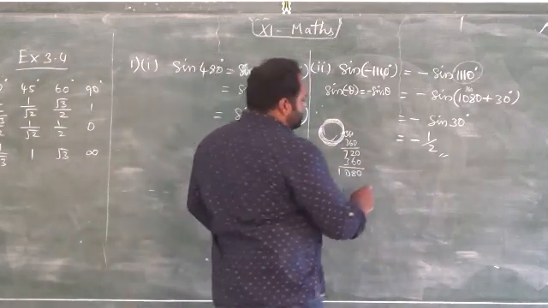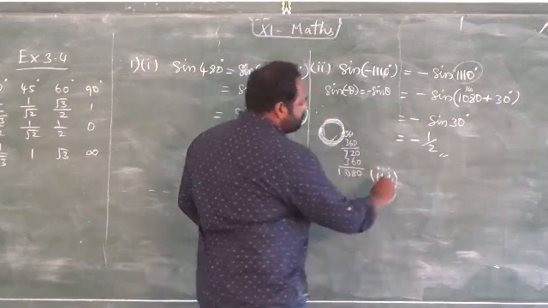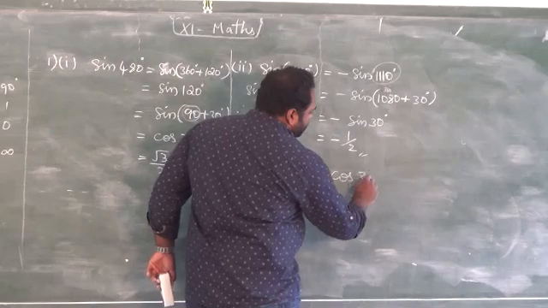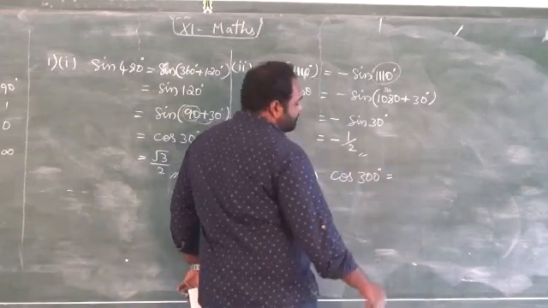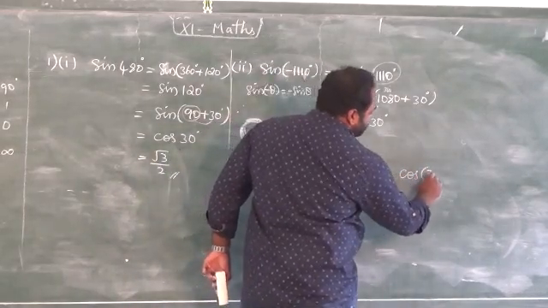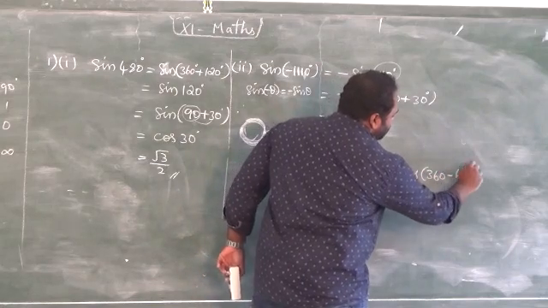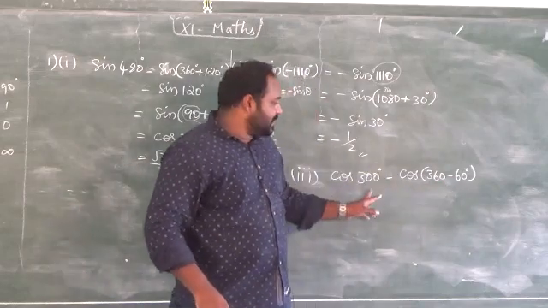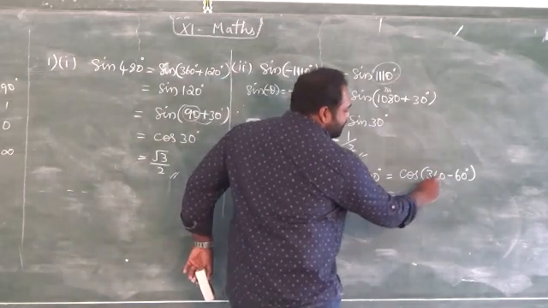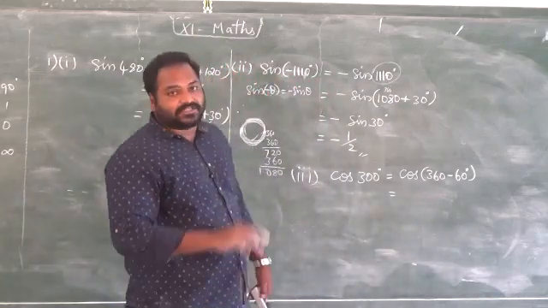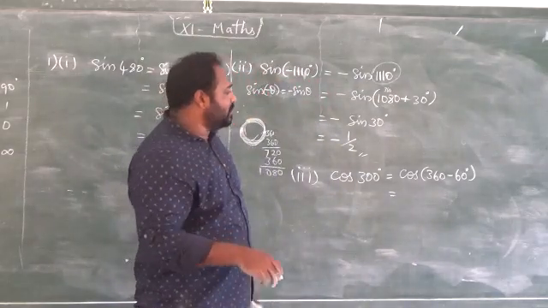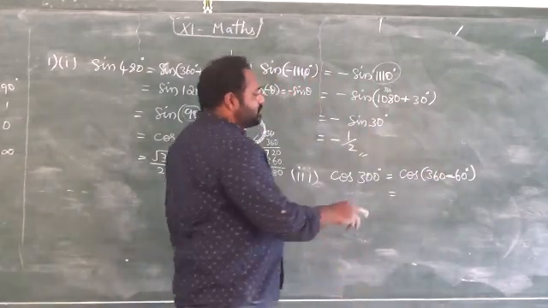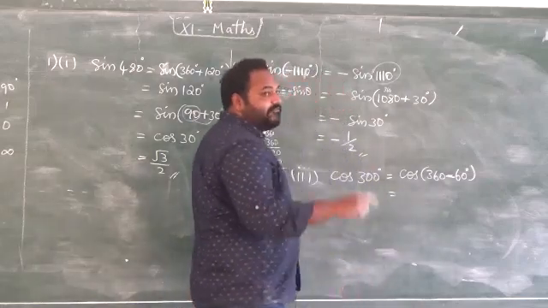Next, third subdivision, cos 300. 300 can be written as 360 minus 60, no? So you can split like this. Cos of 360 minus 60, which is fourth quadrant. With 360 it's downwards, 360 minus is downward, so it is in the fourth quadrant.